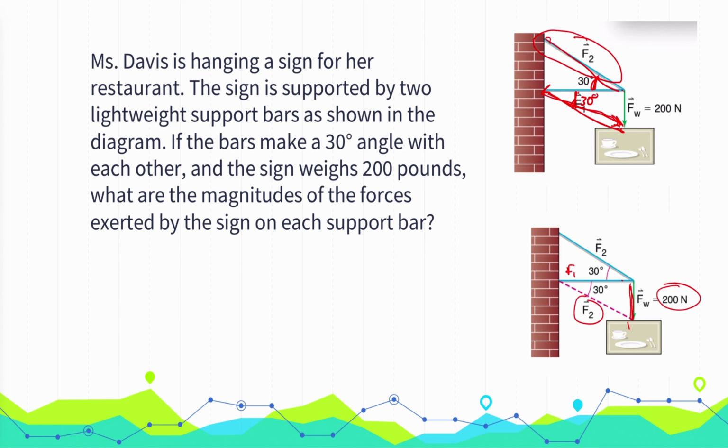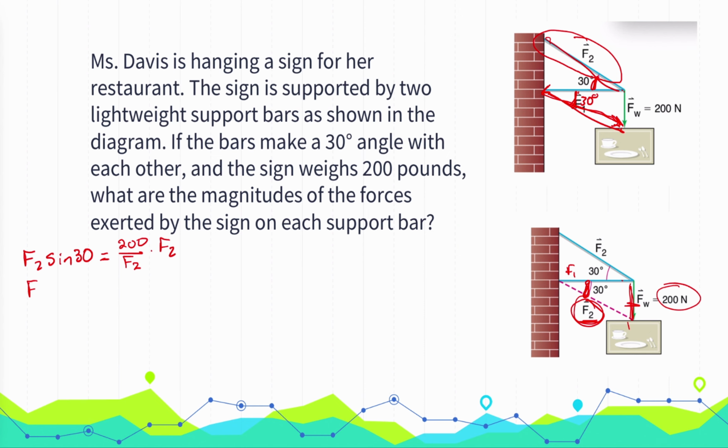So if we want to find the hypotenuse first, for this 30-degree angle, the 200 is the opposite side and we want the hypotenuse, so opposite and hypotenuse is going to be sine. So sine 30 is equal to 200 over F2. To solve for F2, we multiply both sides by F2.